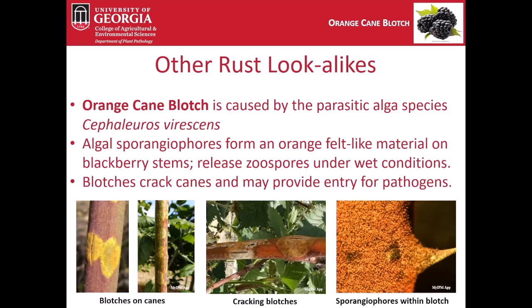The blotches left behind caused by the algae are orange, and they do form sporangiophores, which give those lesions kind of a felty appearance. So this disease is also called orange felt disease. But it can easily be told apart from the rust diseases. If you need help, your county agent or the diagnostic lab can easily tell these different diseases apart. But anyway, it is a look-alike that sometimes gets confused with rust.